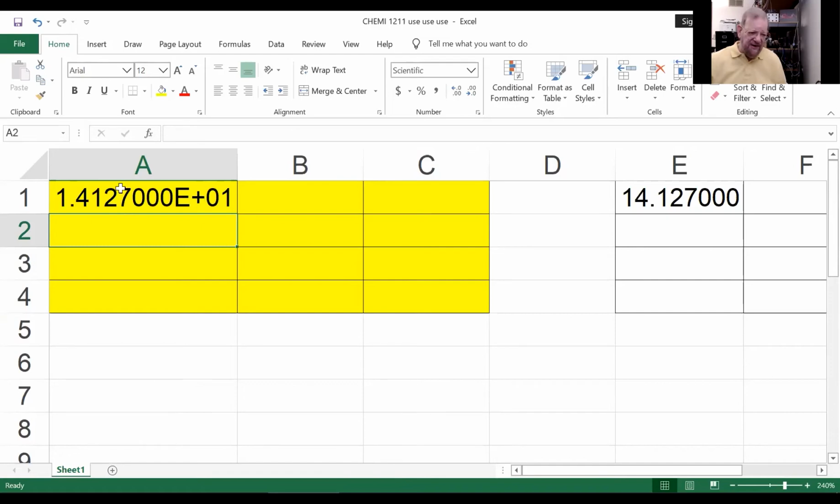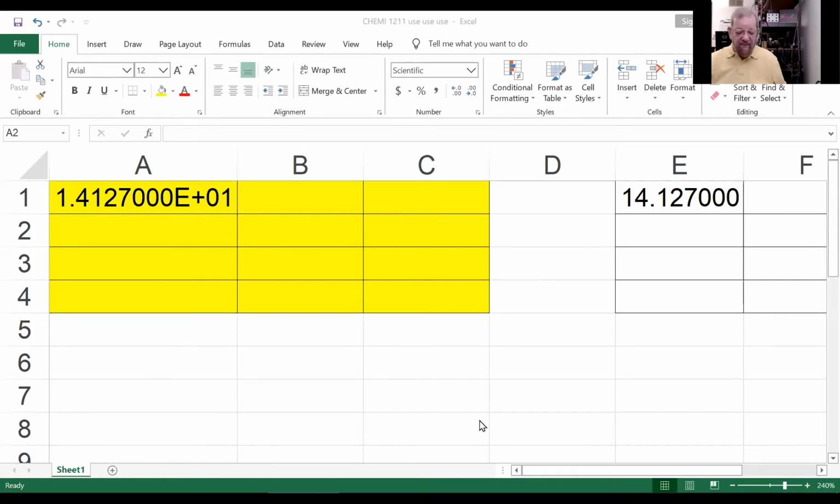That's 5 or greater. That gets dropped, and the 2 becomes a 3 times 10 to the first. And then, can you see my? I'll get back to you in a second on that, Gabriella. And on this side, this rounds off to 14.13, which is the same number.